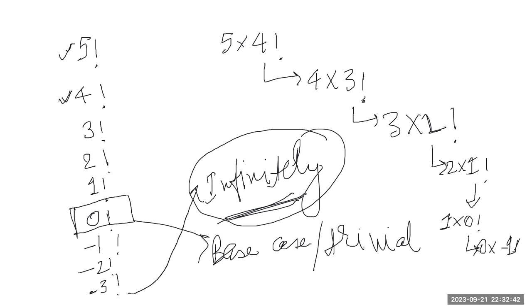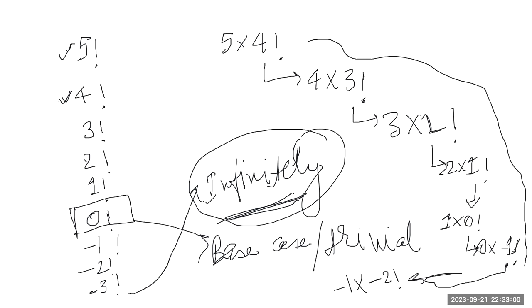Fine. This minus 1 factorial is telling me to give minus 1 into minus 2 factorial. That I have written here. This is the same thing that I have written here. So what I mean to say is, if we keep on going like this, we never end. We fall into the infinite kind of thing, because it will never end.